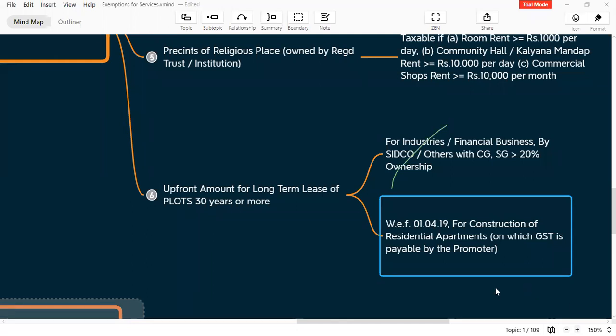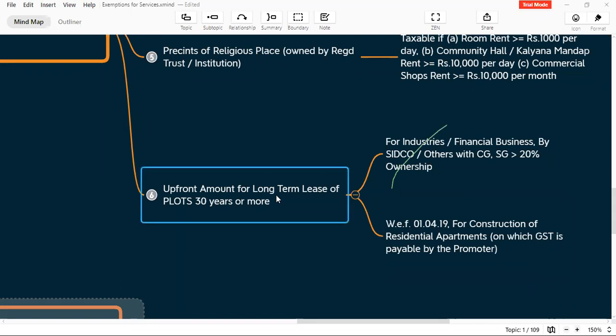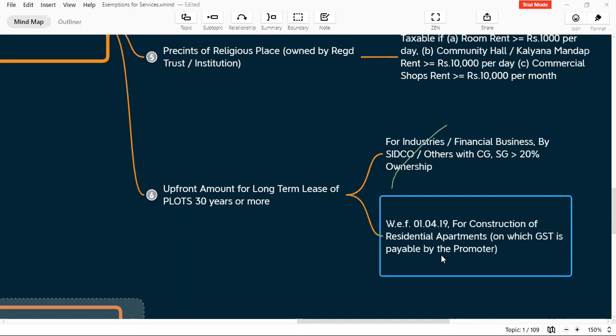That's what it says. For construction, it says upfront amount for long-term lease of at least 30 years for construction of residential apartments on which GST is payable by the promoter. So the builder will take care of the GST, which means the landowner need not pay the GST for the same.